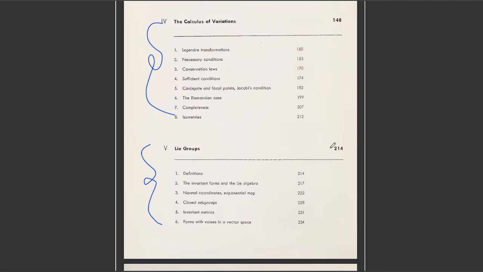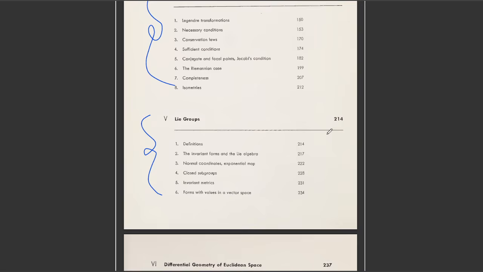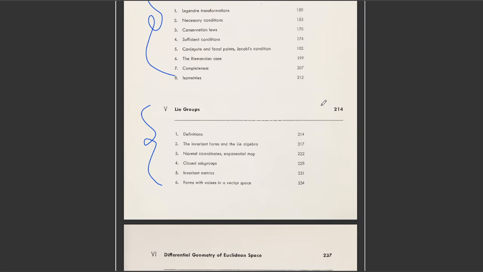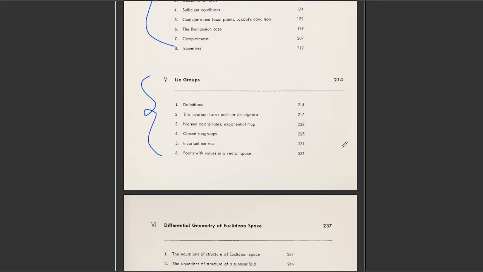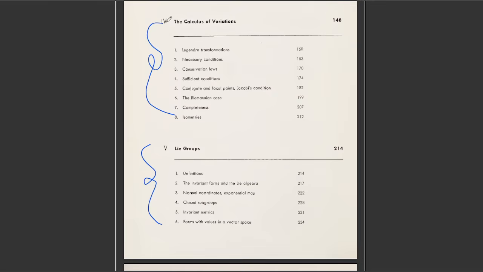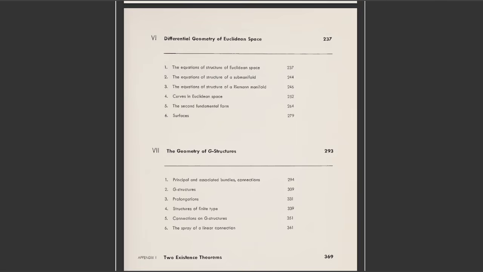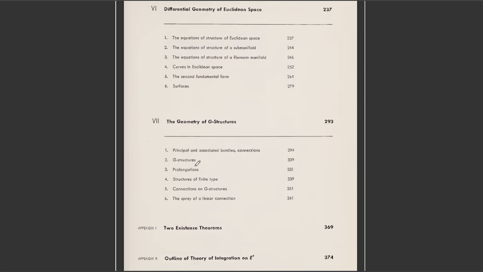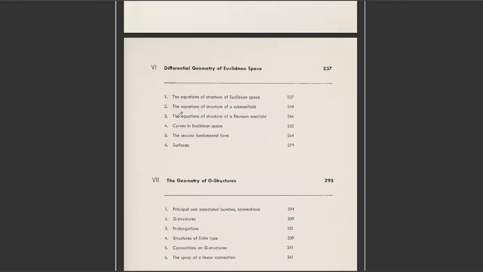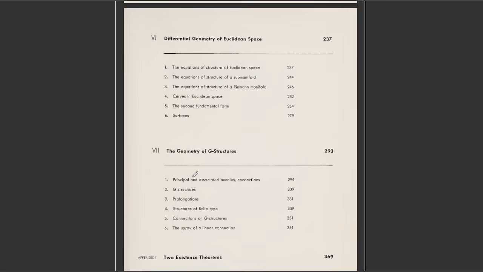That particular solution to the Einstein field equations would necessitate some perspective from differential geometry. And you also have the differential geometry of Euclidean space, and the geometry of G-structures. These are more about just measuring curvature in general.